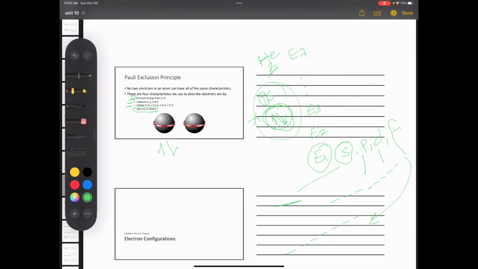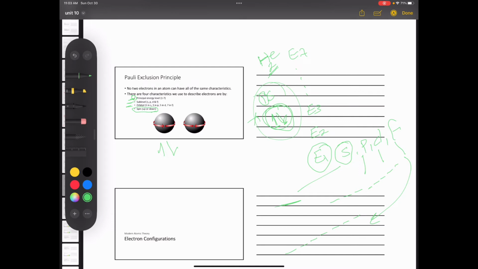So an electron can have the first principal energy level, be in an S sublevel, sitting in an S orbital because the S sublevel has only one S orbital, and with a spin pointing upward. That's the identification for one single electron.